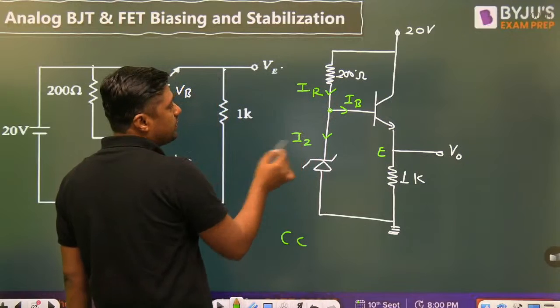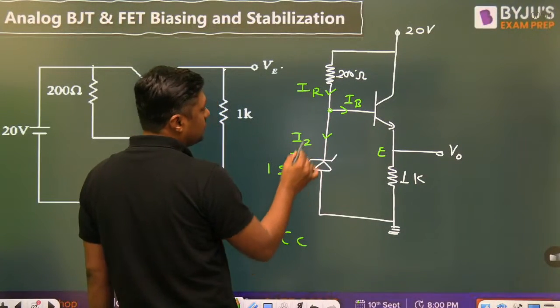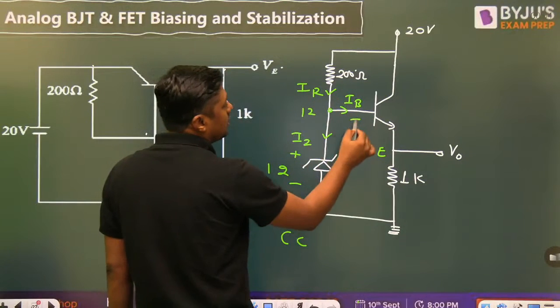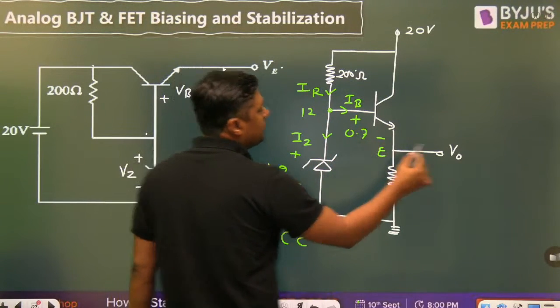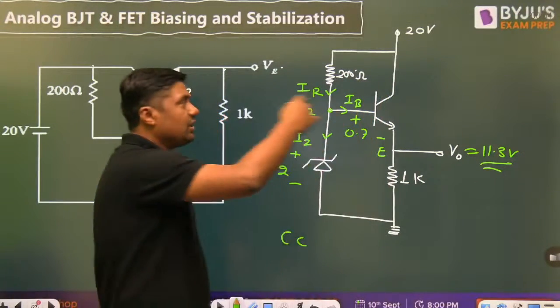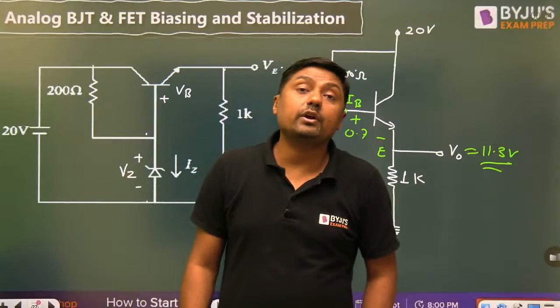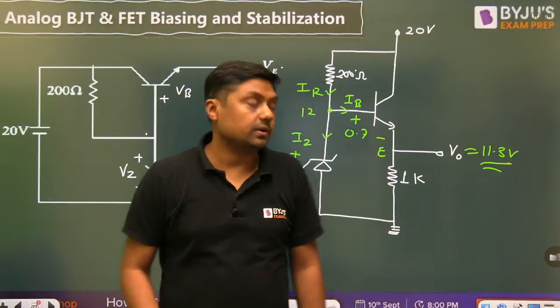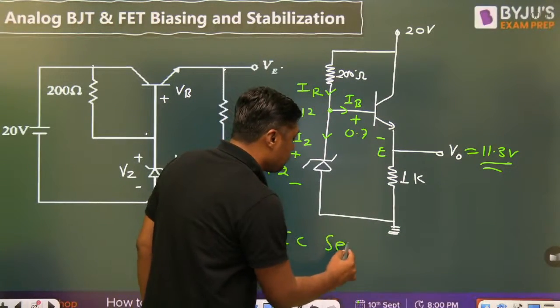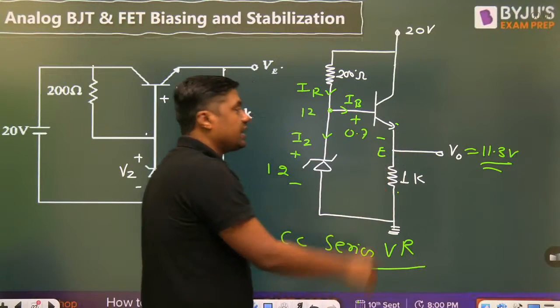IR is equal to IB plus IZ. The voltage at this point, once it is in breakdown, is 12. Subtracting 0.7, it will become 11.3 volt. They will give you a question like this. This load and transistor are connected in series, and that's why it is called a series voltage regulator.